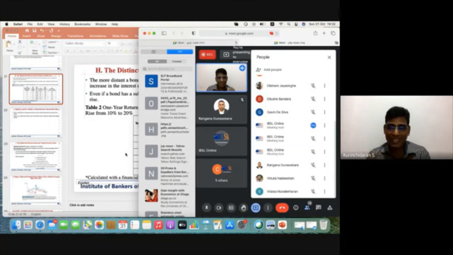So this is where you talk about the nominal interest rate and the real interest rate. Even though the FD is at 5%, the nominal interest rate is 5%, your real interest rate is minus 2%, because when you deduct the inflation, you have minus 2%.